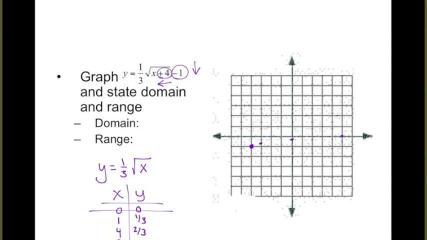And over 9 and up 1 from the endpoint. We connect those points. An arrow pointing out to the right, because it will go on forever that way. I could keep on plugging in bigger and bigger numbers of x, but I can't go past that endpoint, so no arrow there.